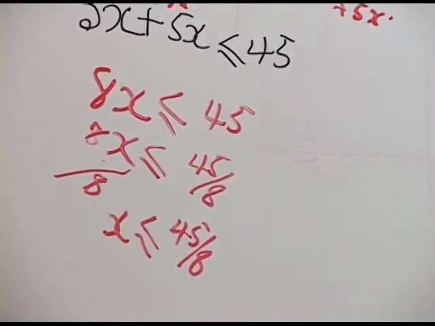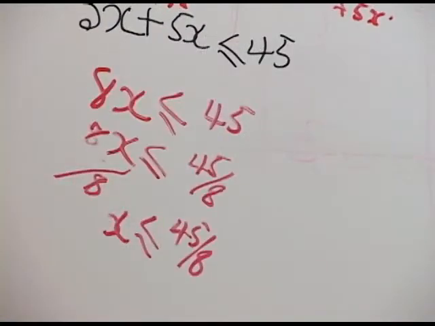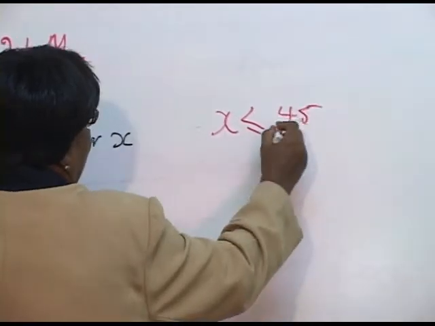We can choose to leave it as an improper fraction, or we can do a division and make it into a decimal number, or a mixed fraction. Now, I want to leave it here because I want to show you something. We got the answer as x is less than or equal to 45 over 8.